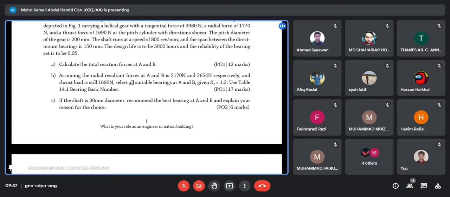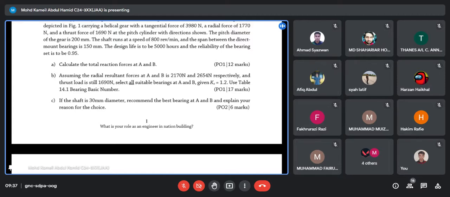So you have to check in table 14.1 the value of your DS. For example, LO7, you will have your DS value to be 40.1. 40.1 is more than 30, so it's not the right choice.